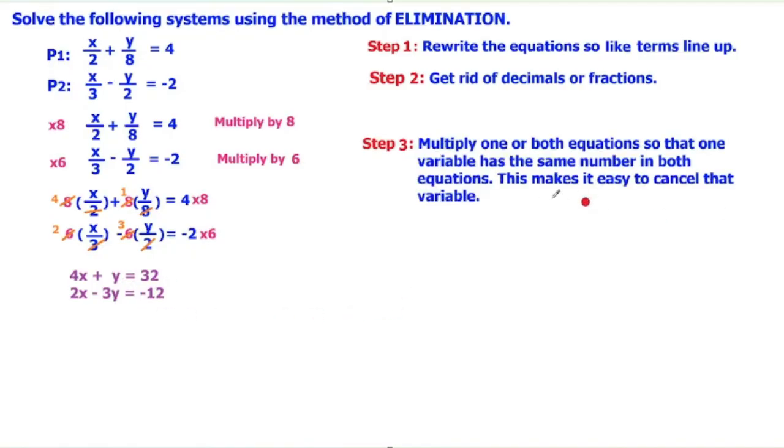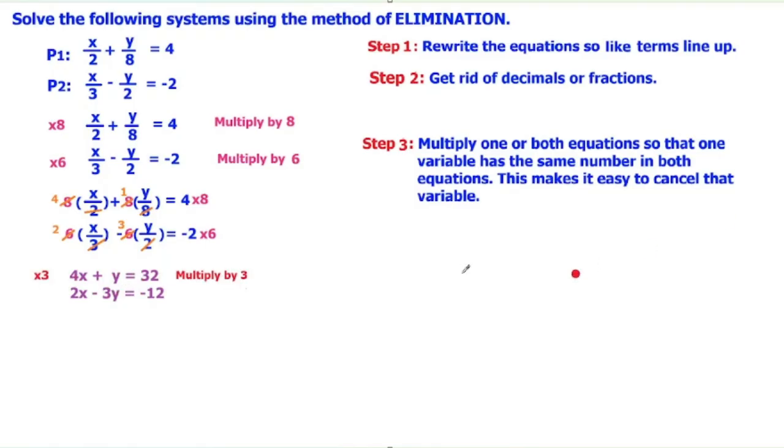So now we multiply one or both equations so that one variable has the same number in both equations. This makes it easy to cancel that variable. So we want to work with the equation that's easier, right? So here, I think if we just multiply this by 3, we could get this variable for the y having the same constant of 3 here.